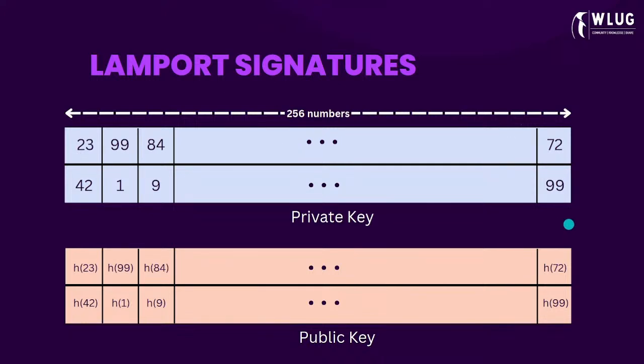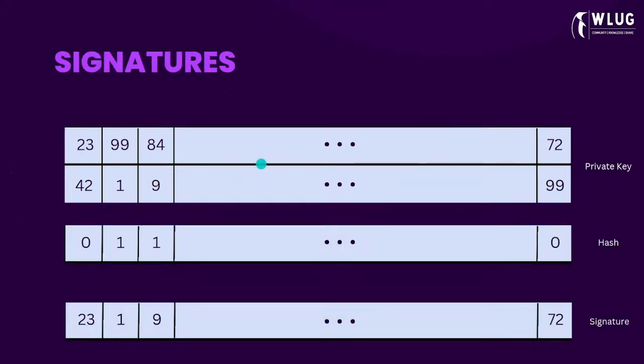Okay, so let us look at how we can sign data with Lamport signatures. How do signatures work? This was our private key, and this is the hash. Obviously, for any data, we sign its hash rather than the data itself. Let's suppose it is a SHA-256 hash of 256 bits size. So you can see there are 2 into 256 bit numbers here in the private key, and there is a 256 bit hash.